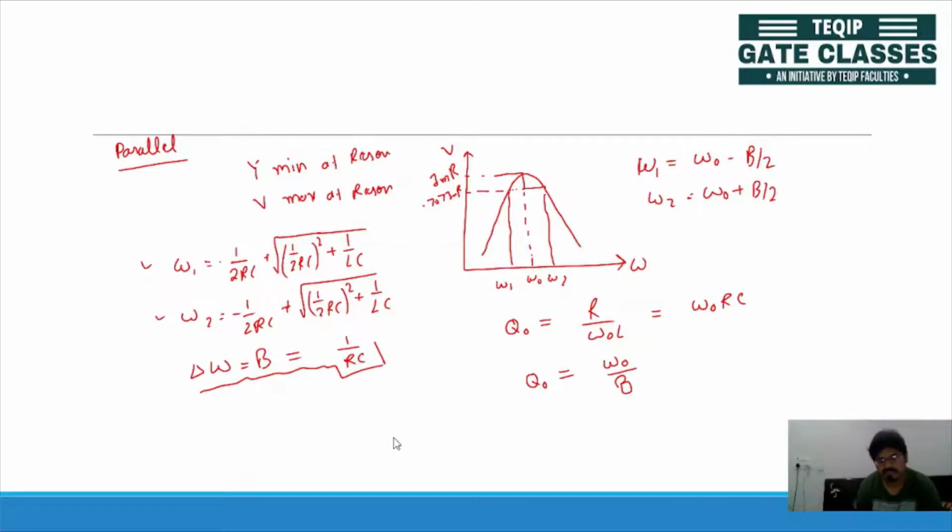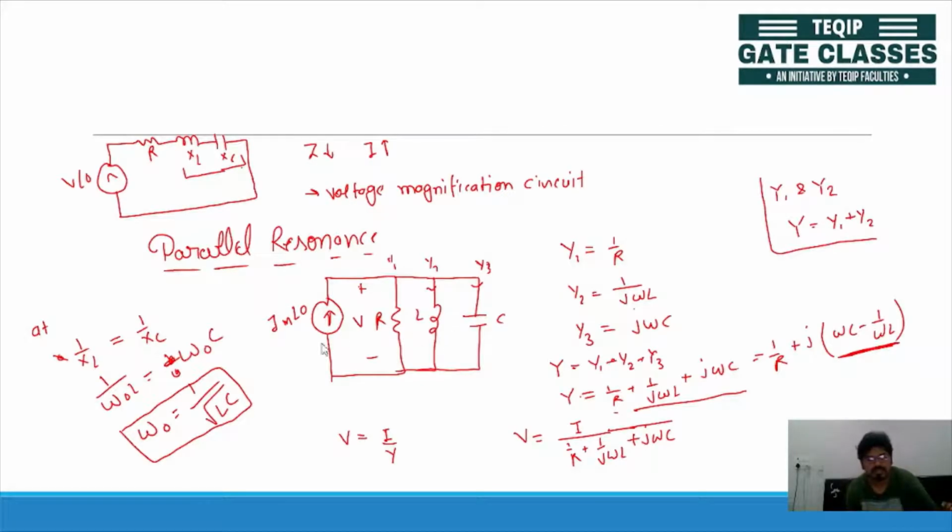Here in parallel resonating condition, your circuit will be a current magnification circuit, because here your voltage will be maximum at resonating condition, so combination of this admittance will be equal to 0. Okay, and the circuit will be open circuited.